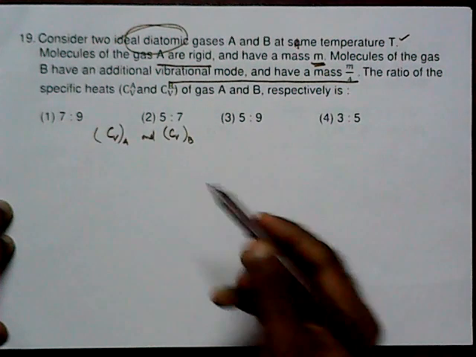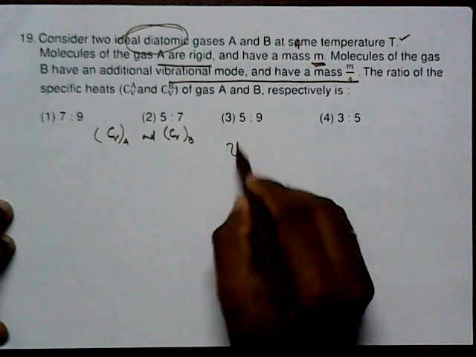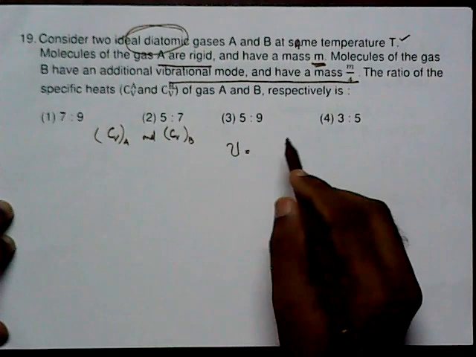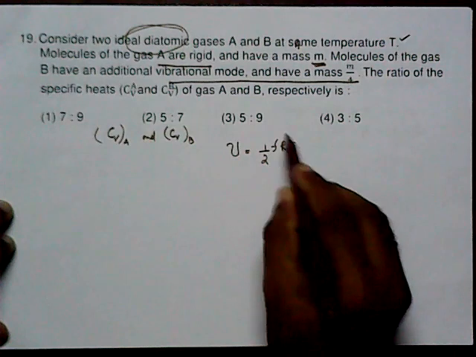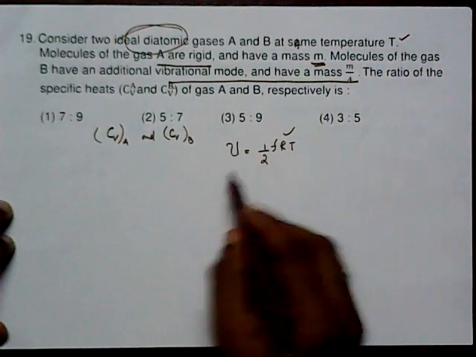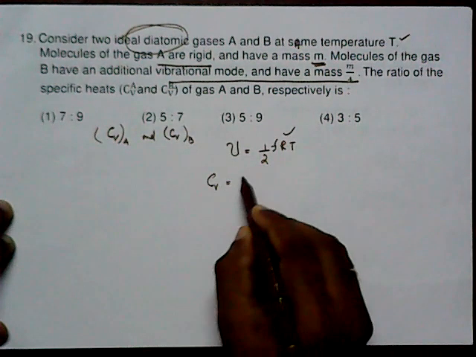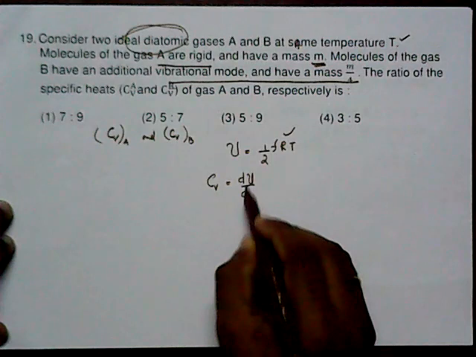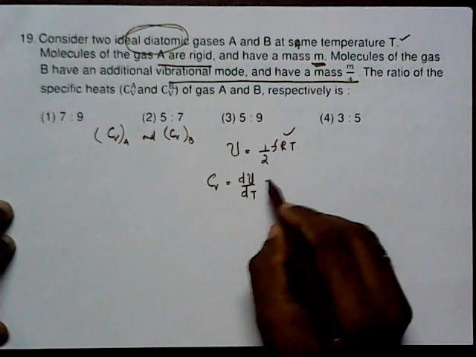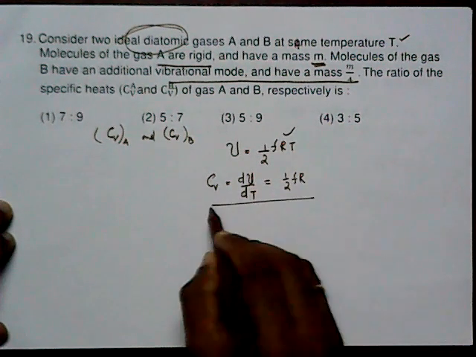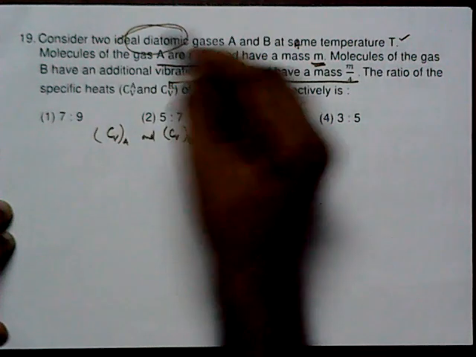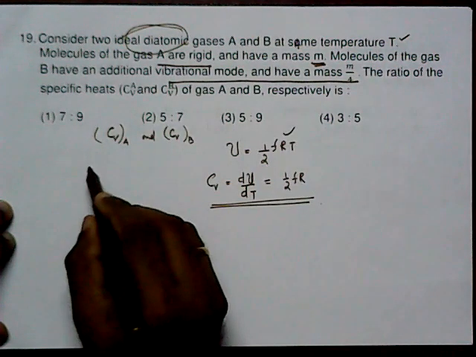At first, keep in mind the energy related to that is equal to half f k T, where f is the degrees of freedom. You can find the specific heat capacity by differentiating that energy with respect to the temperature, which is equal to half f R. Here in the first case, it is the ideal diatomic concept.